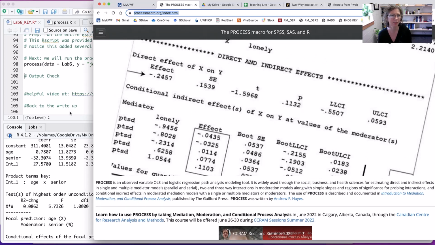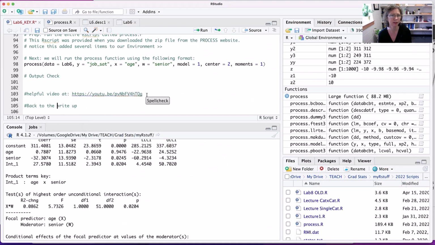So instead, I went and found a YouTube that would talk about running the process macro in R. And that's exactly what I searched on. I just said, hey, I'm in YouTube, give me a video on Hayes process macro in R. And that one was only like 15 minutes, and I didn't have to watch the whole thing. I kind of knew what I was looking for. I was looking for how to do that line of code.